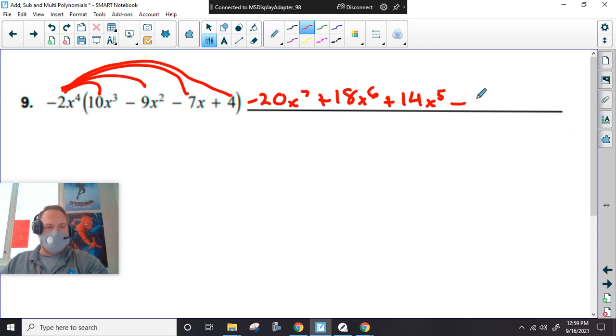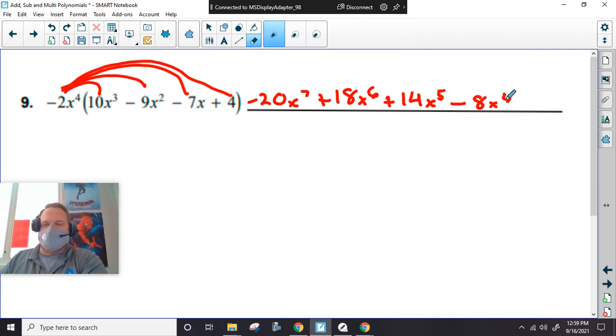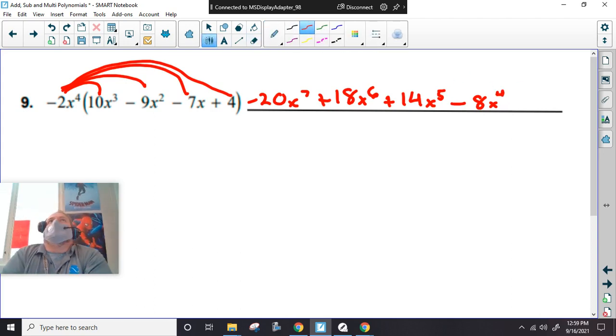All right, and we had negative 8x to the 4th. Okay, so I better fix that before somebody says, "Is that a 4?" What's funny is we've had a problem like this in our old Algebra 1 test over this stuff, almost identical.